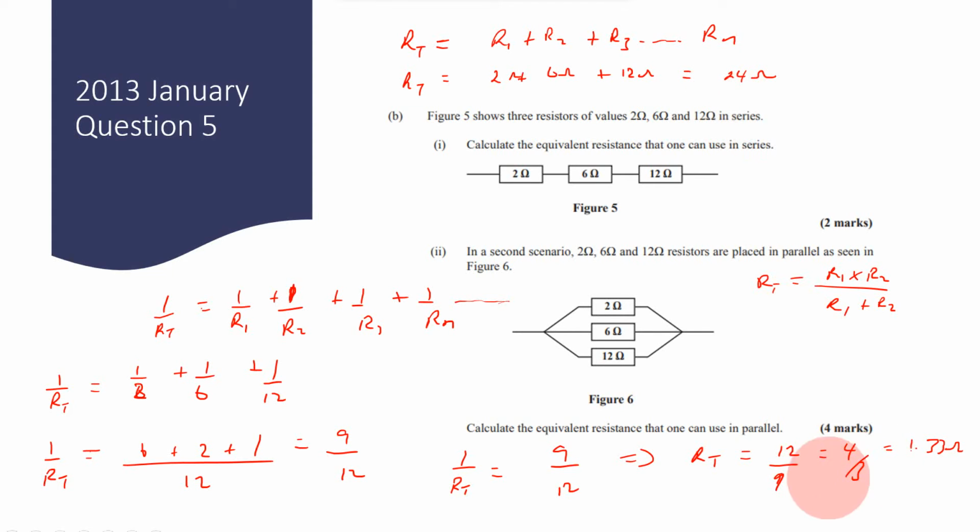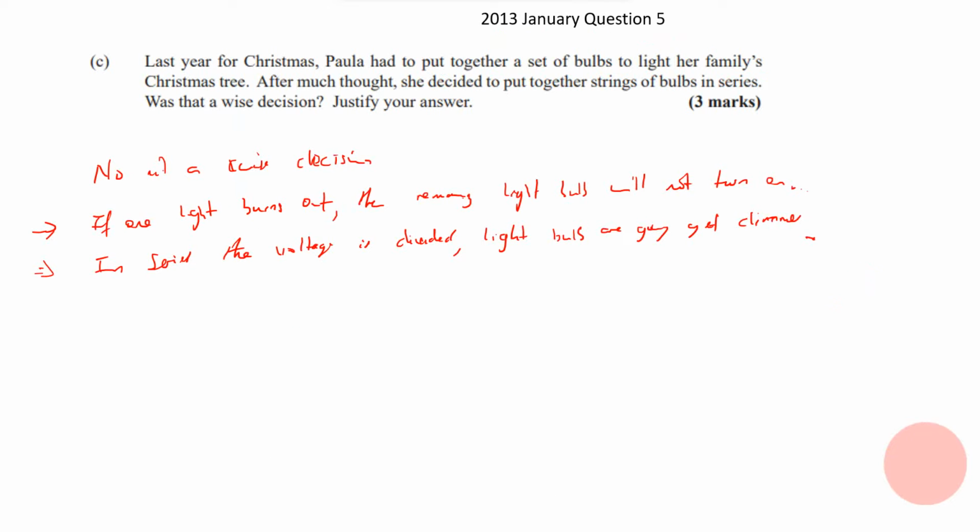Also, if we look at a parallel scenario, the total resistance is much less. So therefore we require less current to flow in the circuit. Hence the reason why in a parallel scenario it is better able to keep the light bulbs going and keep them at the right brightness. If one light bulb goes out in a parallel circuit, then everything will continue to work because they operate independently of themselves. So that's really what we have to share here in relation to this question.